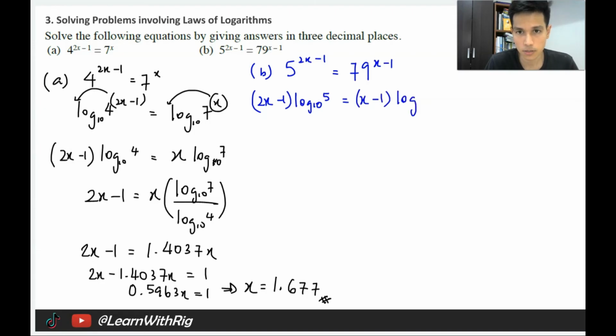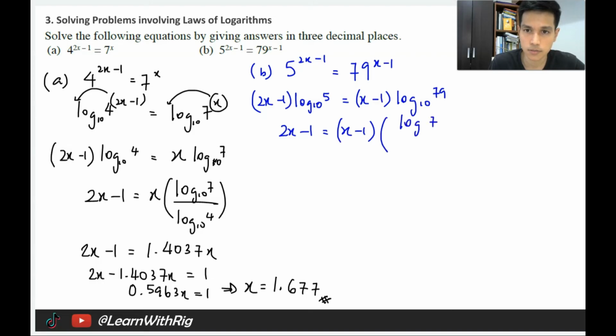Here becomes log base 10 of 79. Okay, so same thing, I'm going to do the same exact thing. So you get 2x minus 1 equals x minus 1, here is log 79 base 10 divided by log 5 base 10.